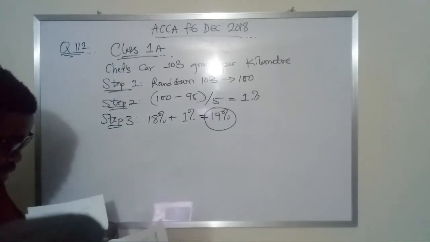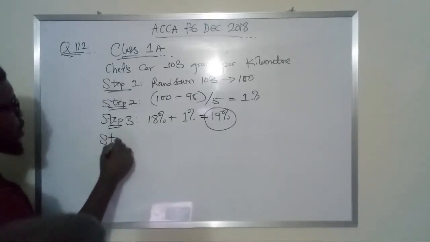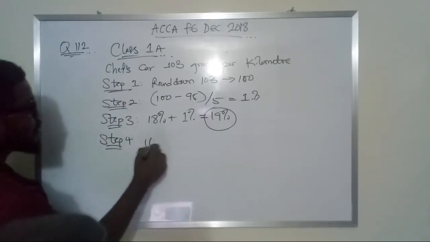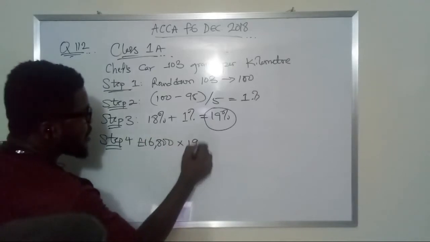Additional information says that the cost is 16,800. So step 4, 16,800 pounds times 19%.